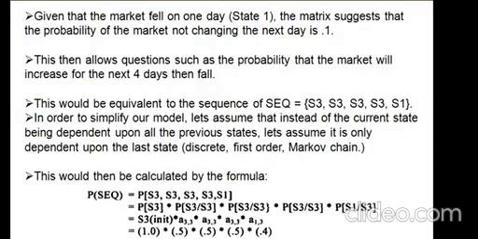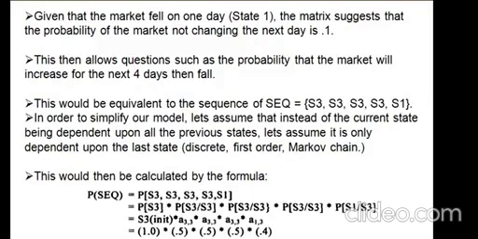This allows questions such as: what is the probability that the market will increase for the next 4 days, then fall? Let us consider whether the market is going to increase for the next 4 days, and after that on the fifth day it is going to fall.